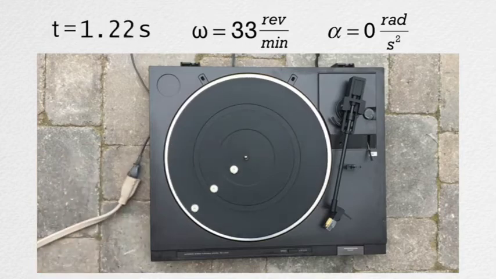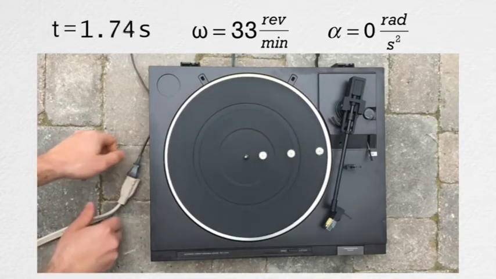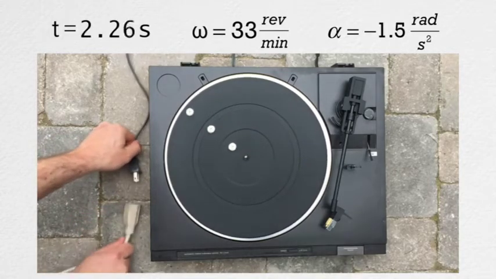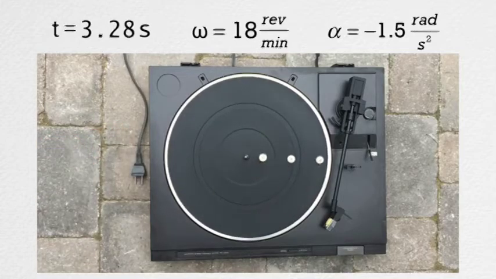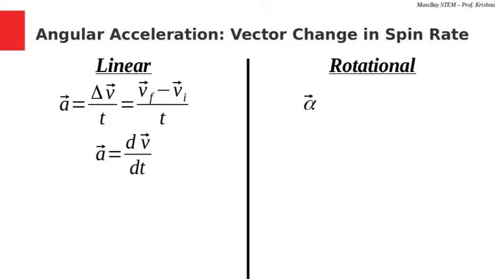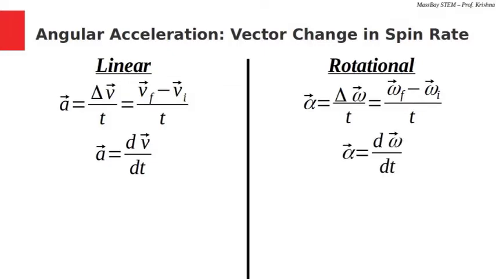It measures how quickly the spin rate is speeding up or slowing down. Angular acceleration is symbolized with the Greek letter alpha. It equals the final angular velocity minus initial angular velocity divided by time. Or, for my 103 students, it is the derivative of angular velocity with respect to time, and it is a vector.